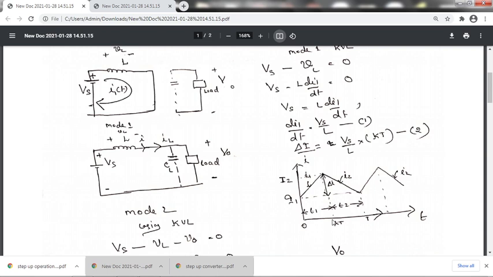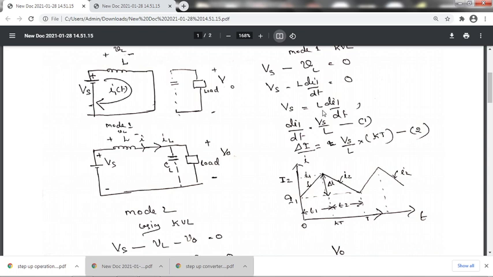So we'll use KVL for this. Vs minus L di1 by dt is equal to 0, correct? Only Vs and the inductor voltage are there. So Vs minus VL is 0, Vs minus L di1 by dt is equal to 0. We are calling this current I1.